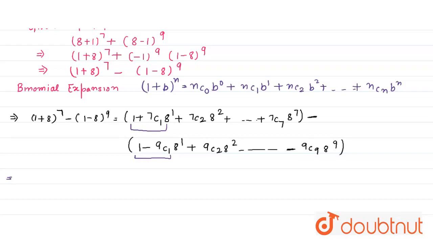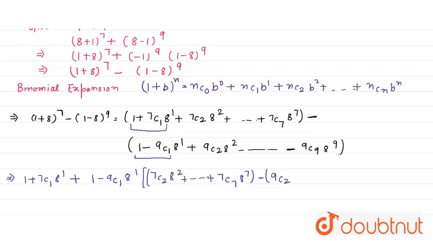So I write 1 plus 7C1 8 raised to the power 1, minus 1 minus 9C1 8 raised to the power 1, and I am left with 7C2 8 raised to the power 2 plus, and so on, 7C7 8 raised to the power 7, minus 9C2 8 raised to the power 2 minus, and so on, 9C9 8 raised to the power 9. I just took these terms outside.